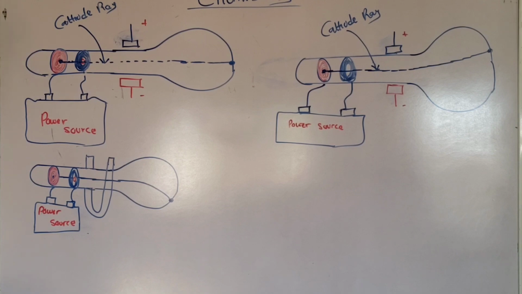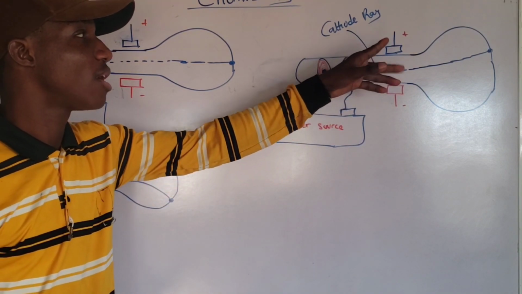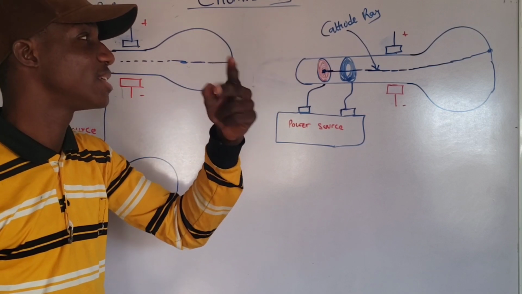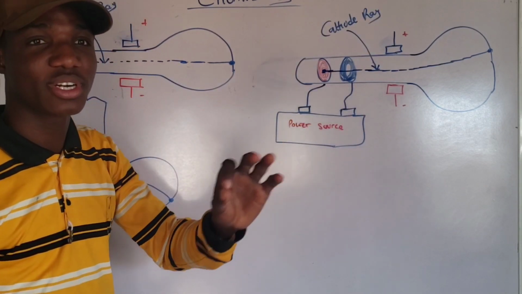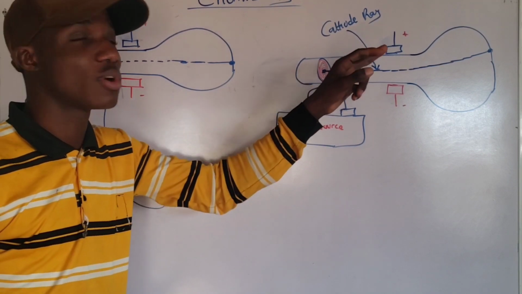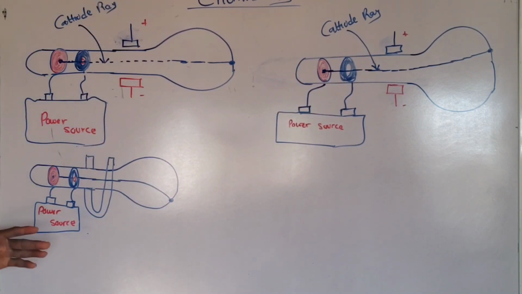When he makes use of two plates, one positive and the other negative, the cathode ray bends towards the positively charged plate when the power is connected. Now when he used the magnet, the cathode ray bends in the opposite direction.